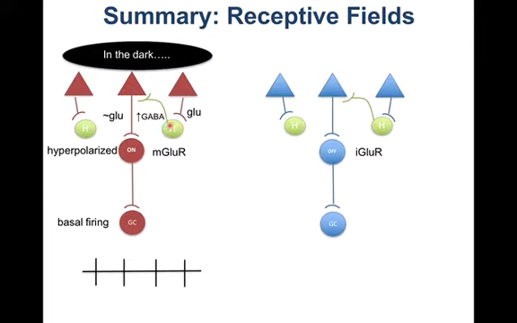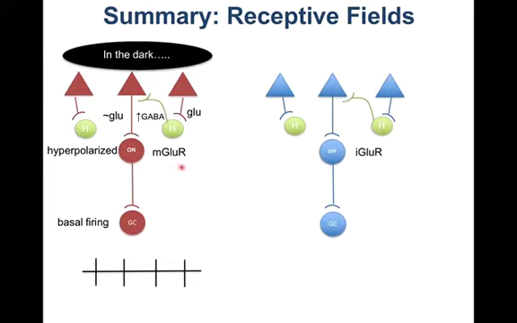And the horizontal cells, in turn, will be releasing GABA onto the central cone. So there'll be a little bit of excitation and a little bit of inhibition and some amount of glutamate that's released from the central cone onto the bipolar cell.